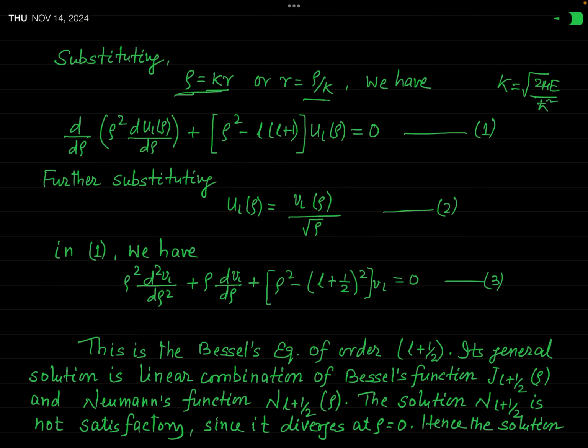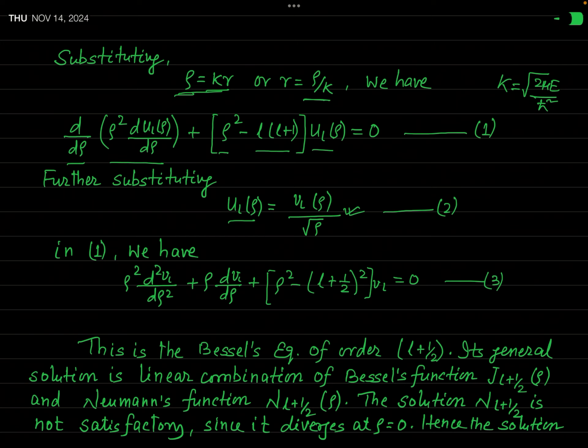I have not done all the steps of the algebra; you can do it. So this will be d/d rho operated on rho squared dU_L by d rho, plus rho squared minus L times (L plus 1), U_L of rho equal to 0. Now further we substitute this wave function U_L of rho in this form: V_L of rho divided by square root of rho.